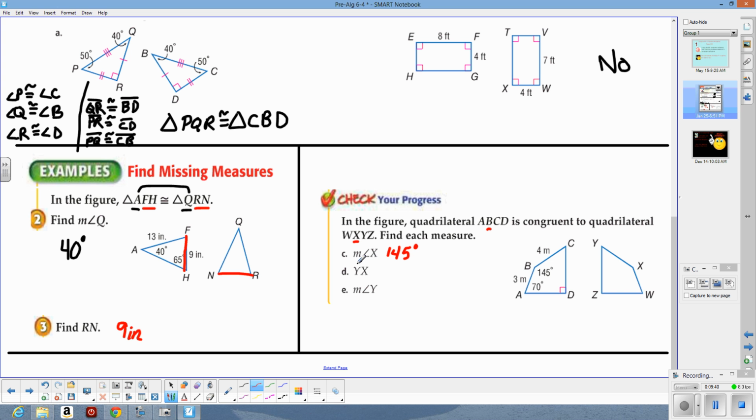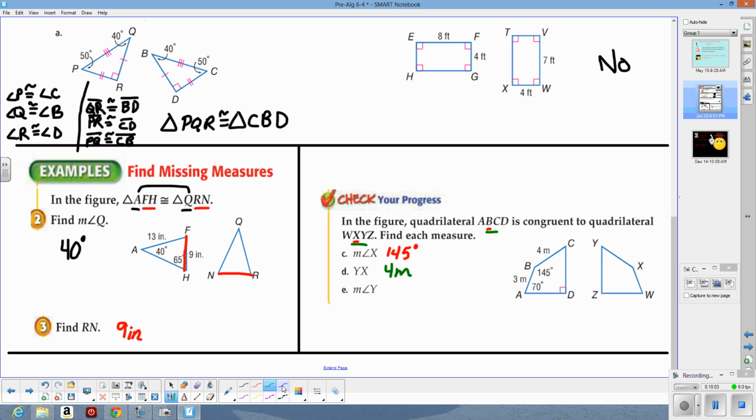Now we're going to find the length of YX. Well, YX is right here. YX is the 2 in the middle. So we're going to look at BC. BC is 4 meters, so that means YX is also 4 meters.